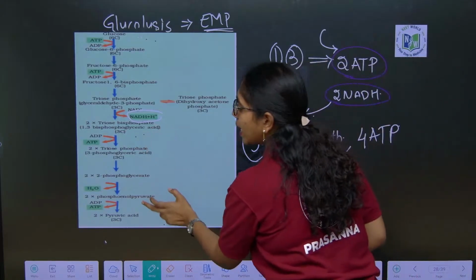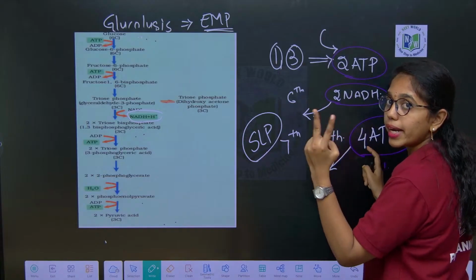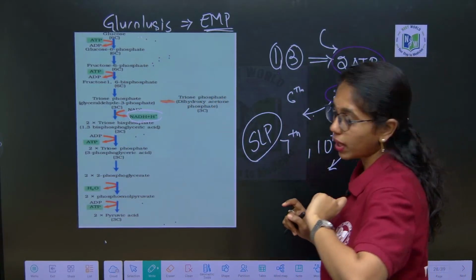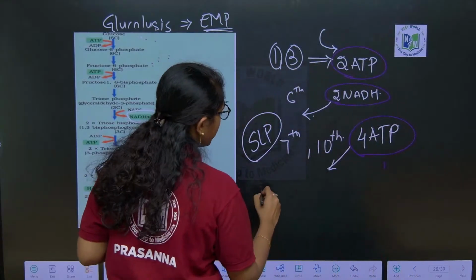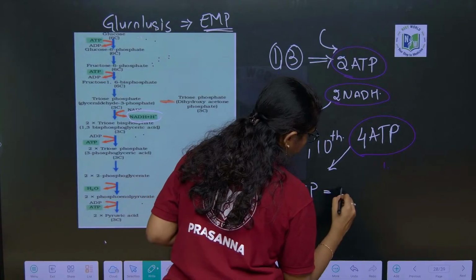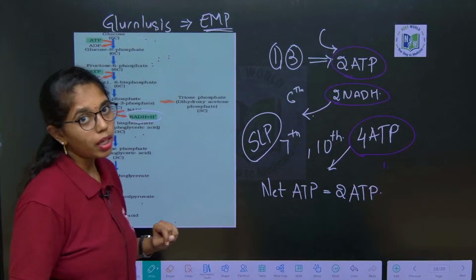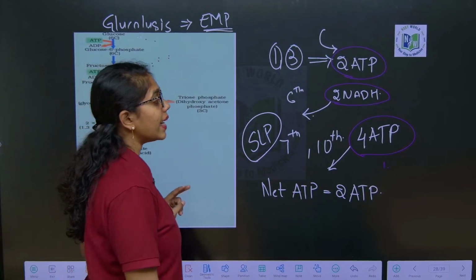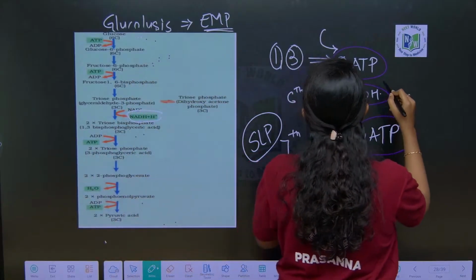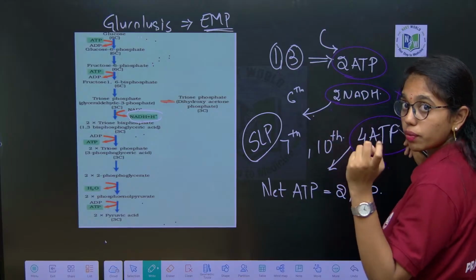At the 7th and 10th steps 4 ATP molecules are released. Of this, 2 ATP are being utilized by the preparatory phase. So, here for glycolysis, net ATP will be 2 ATP molecules, and the total ATP released, that is for 2 NADH, 2 into 3, we take 1 NADH as equal to 3 ATP.